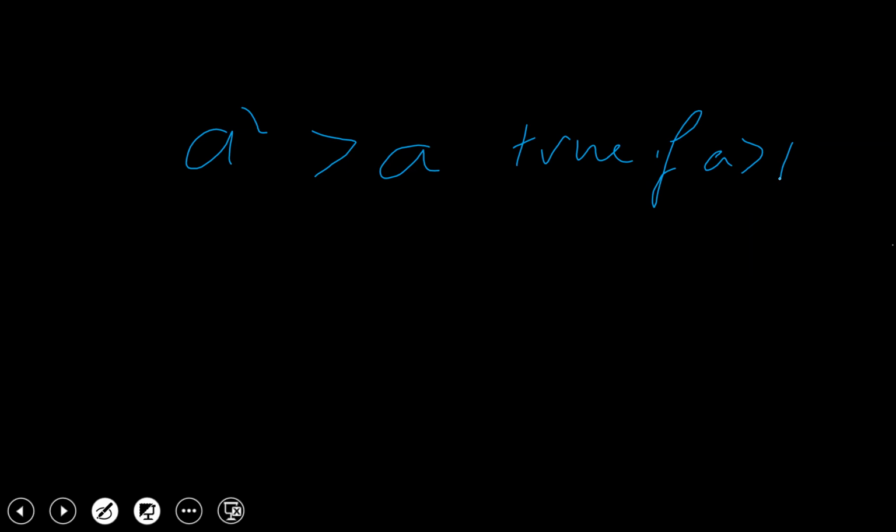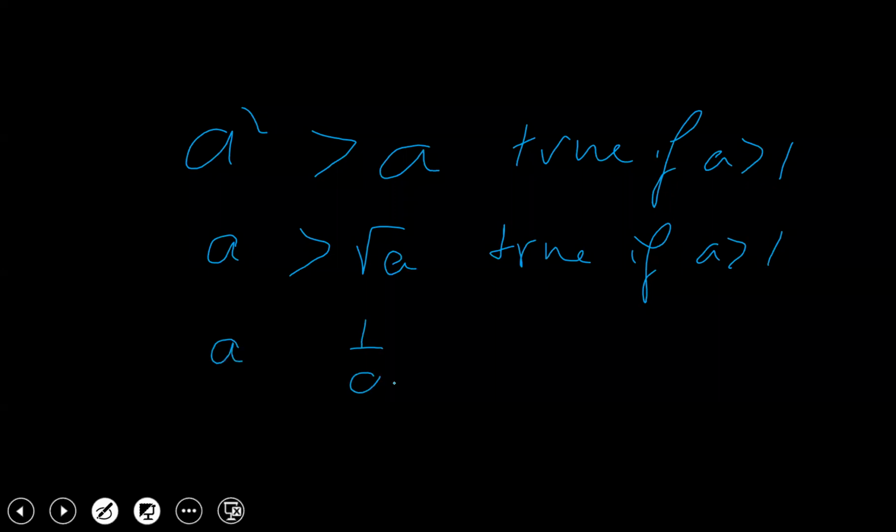Compare which is greater, A or radical A. A is greater than radical A. This is true only if A is greater than 1. However, if A is between 0 and 1, then radical A becomes stronger. Which is greater, for example, A or 1 over A?